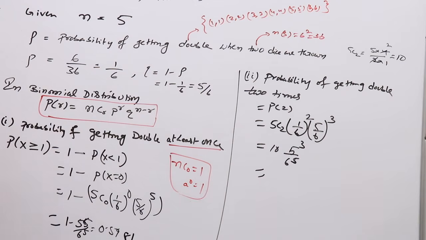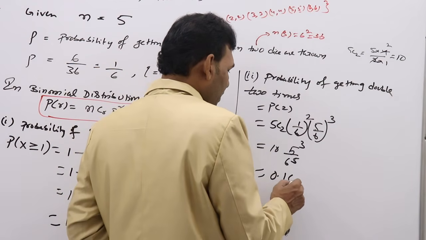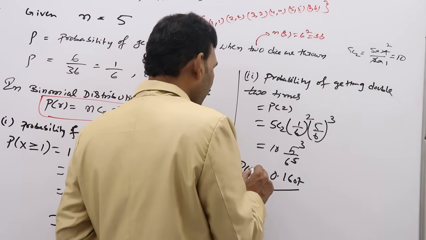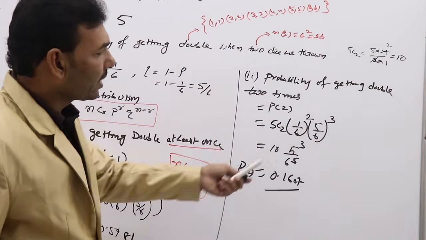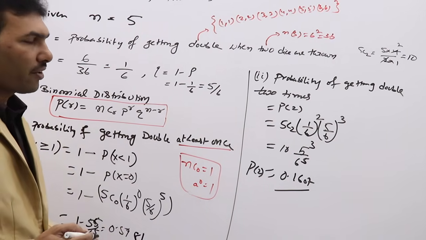Bases are equal, you can add exponents. If you simplify this one, 0.1607, you will get the probability of getting exactly 2 times. Use calculator. Okay. Any doubts you may express anywhere?